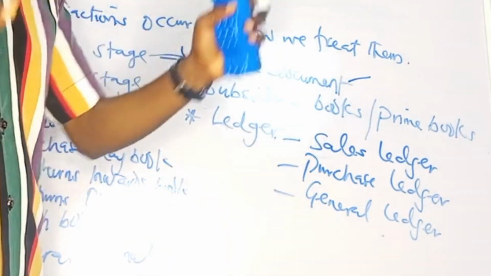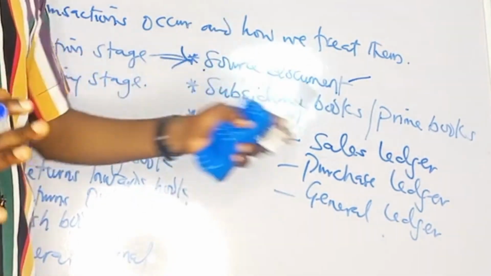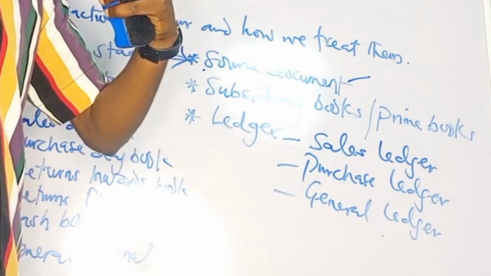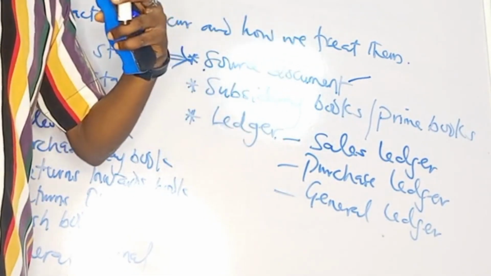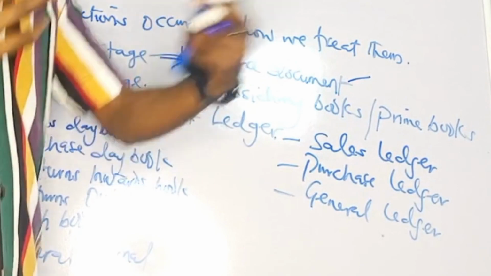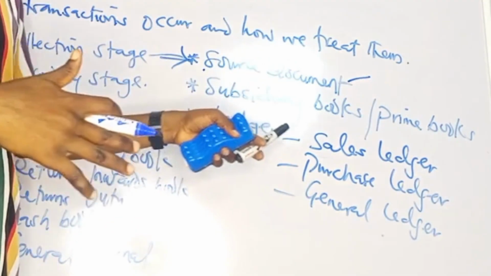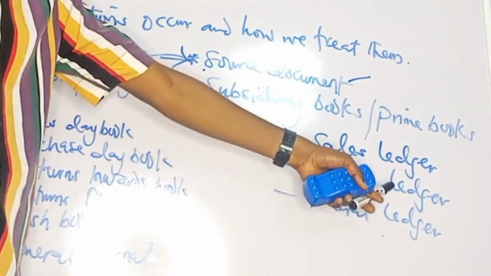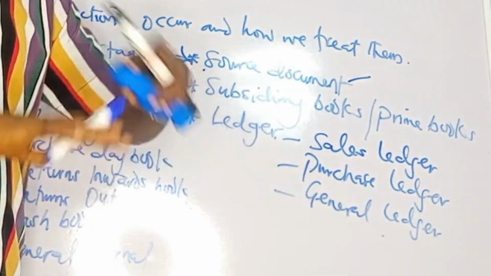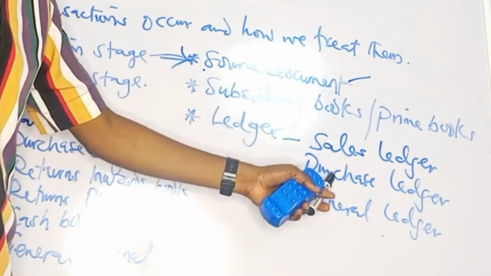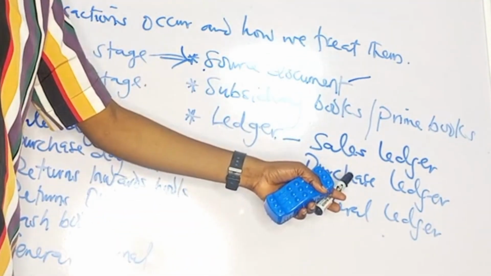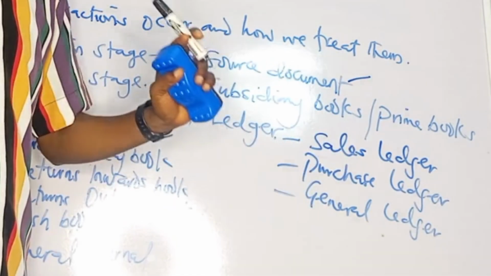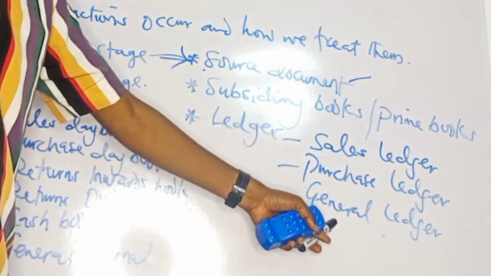All transactions relating to that set of people come under the sales ledger. While the purchase ledger are transactions with people that you buy from, your suppliers, be it company or individuals. While the general ledger is every other transaction aside these two. Do you get that? Every other transaction aside the purchase or the sales ledger comes under the general ledger.